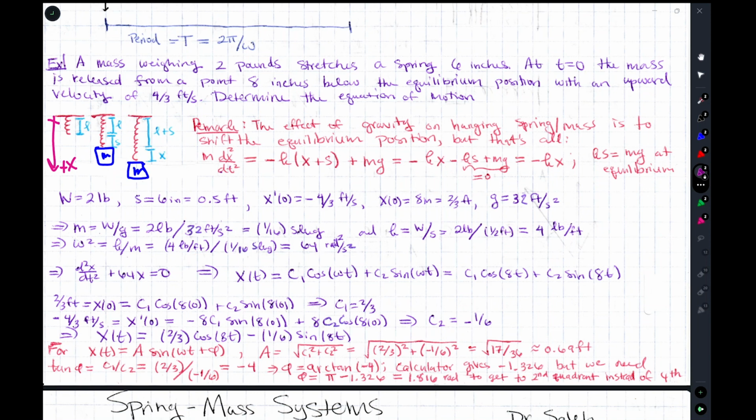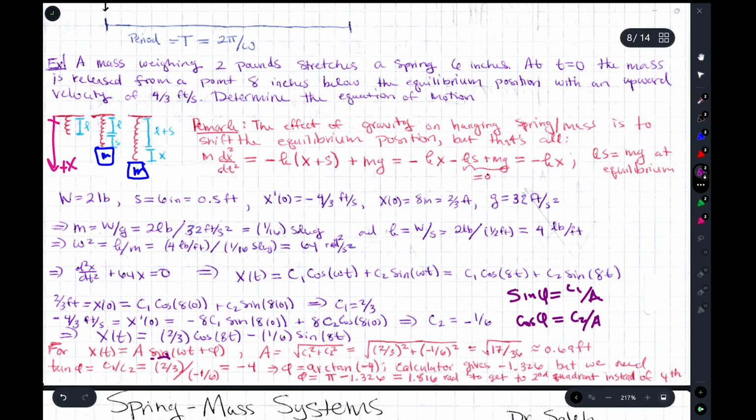You actually have that sine phi is equal to C1 over A, so it's proportional to C1 when you're using this sine. And cosine is proportional to C2 over A. So we have that C1 is positive, so sine phi is positive, and cosine phi, C2, is negative.